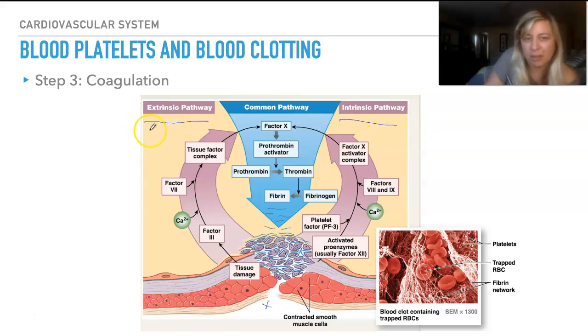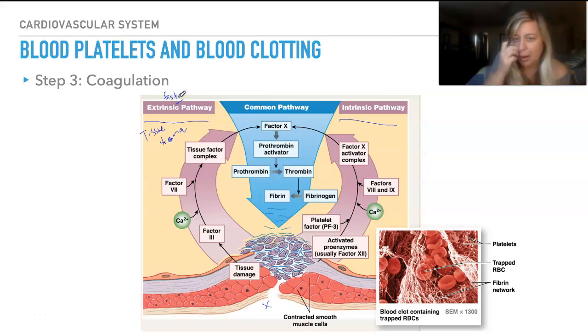So the extrinsic pathway is going to be triggered by tissue trauma, and this pathway is going to react faster.